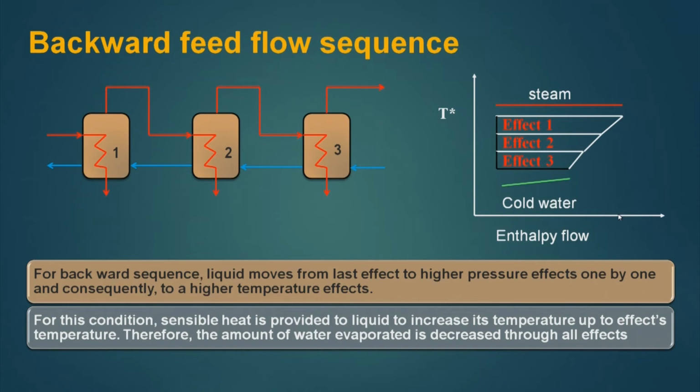For the backward sequence, liquid moves from the first effect to the higher pressure effect one by one and consequently to a higher temperature effect. For this condition, sensible heat is provided to the liquid to increase its temperature up to the effect's temperature. Therefore, the amount of water evaporated is decreased through all effects.